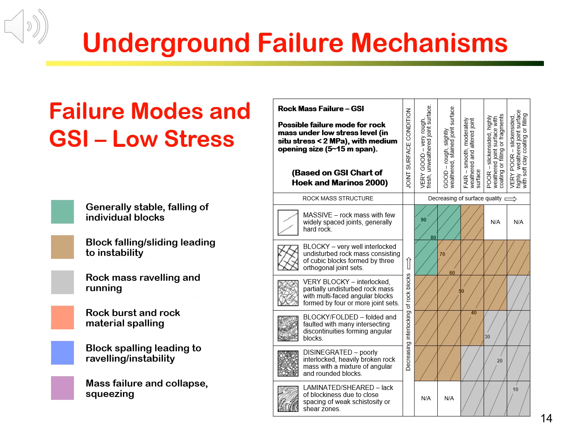We can also use the GSI chart to estimate different potential failure modes. For example, at the low stress level, the two main failure modes are structurally controlled failure and general failure.